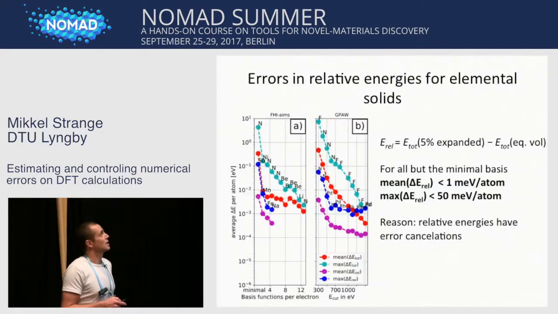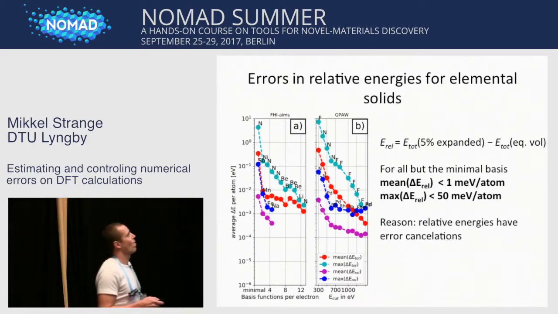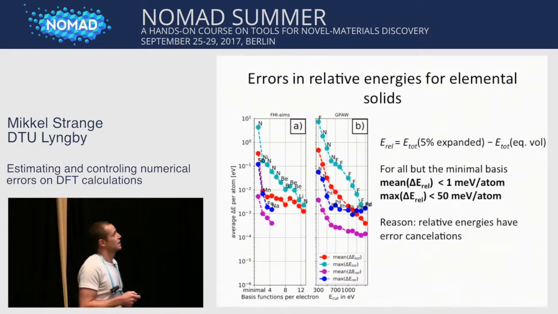If we look also at relative energies, so this was the energy difference between an expanded solid and a solid in equilibrium, then you see the same curves as before, but now there are 2 new curves, blue and purple.